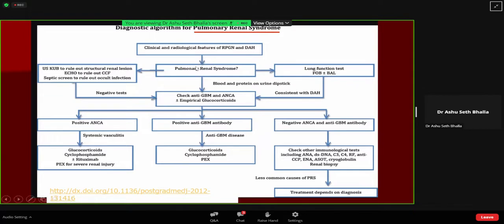Basically, when you suspect a pulmorenal syndrome, you first rule out infection, structural lesions, CCF, and then it comes down to whether something is ANCA associated or anti-GBM associated.